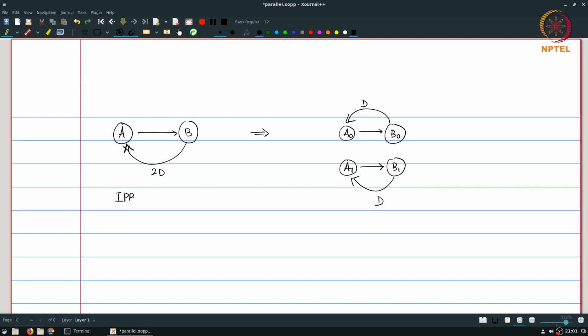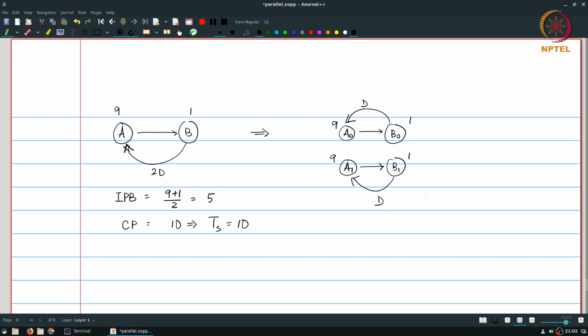The iteration period bound in this case is, assuming that I still have 9 and 1 as the actual delays on the computational nodes, 9 plus 1 by 2 equal to 5. The critical path is equal to 10, which means that my sampling interval is equal to 10.